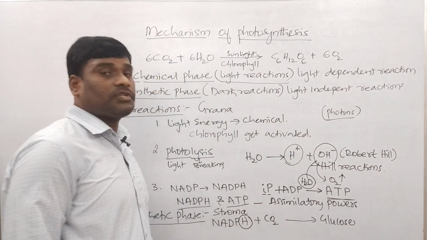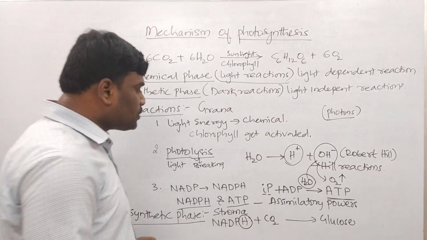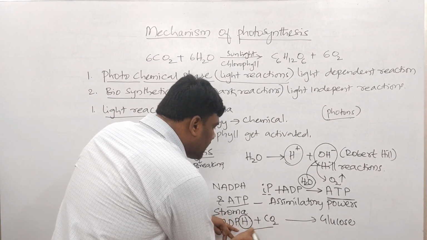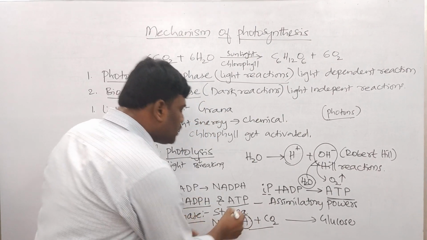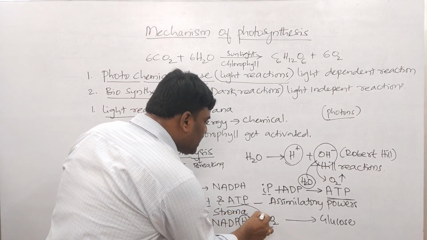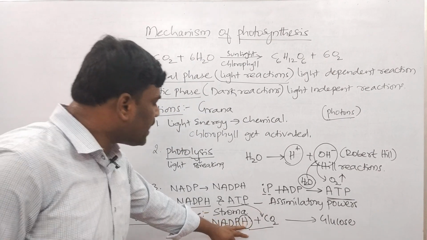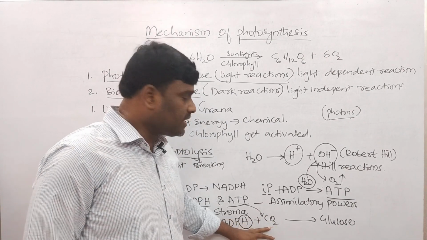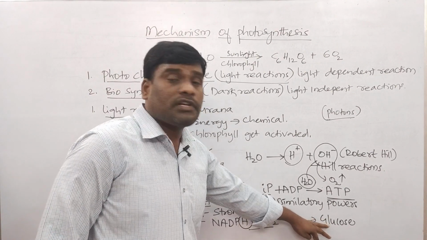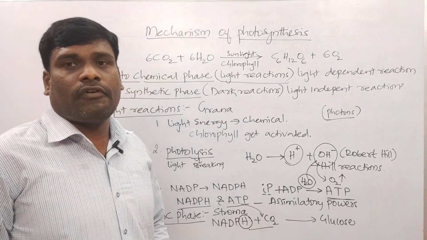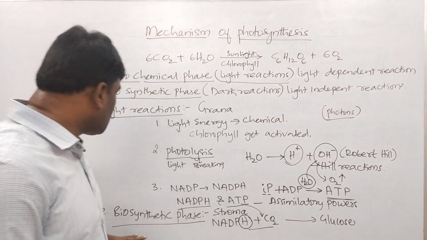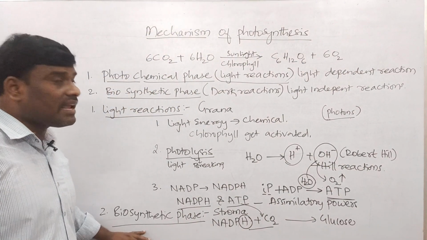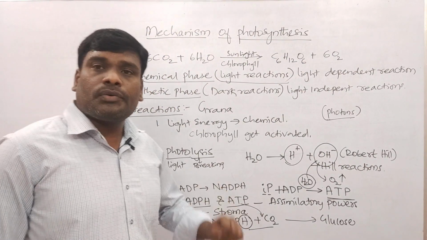It forms into what, children? Glucose molecules. So this requires what, children? Energy. So ATP is used in combining the hydrogen from NADPH and carbon dioxide, and finally glucose molecules are formed. So this is about the dark reaction. It doesn't mean it occurs only in the dark.